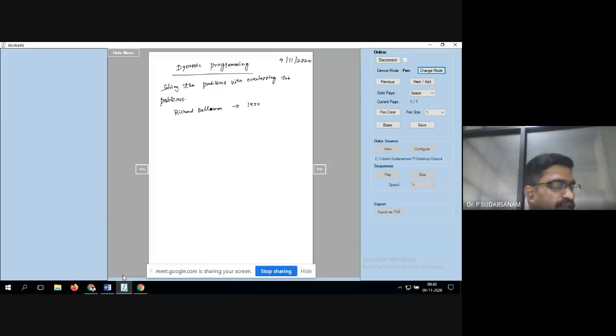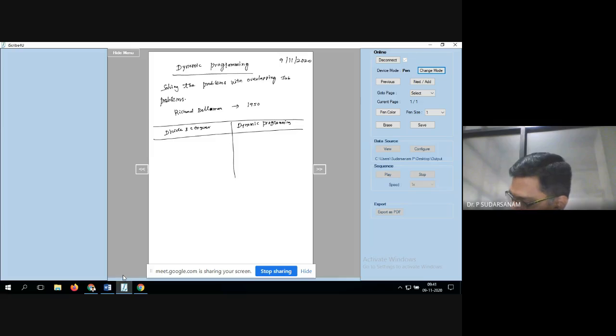Now sometimes they will be asking, what is the difference between divide and conquer and dynamic programming? Divide and conquer, and another one is dynamic programming. Whenever they are asking for any differences, put a table and write it.